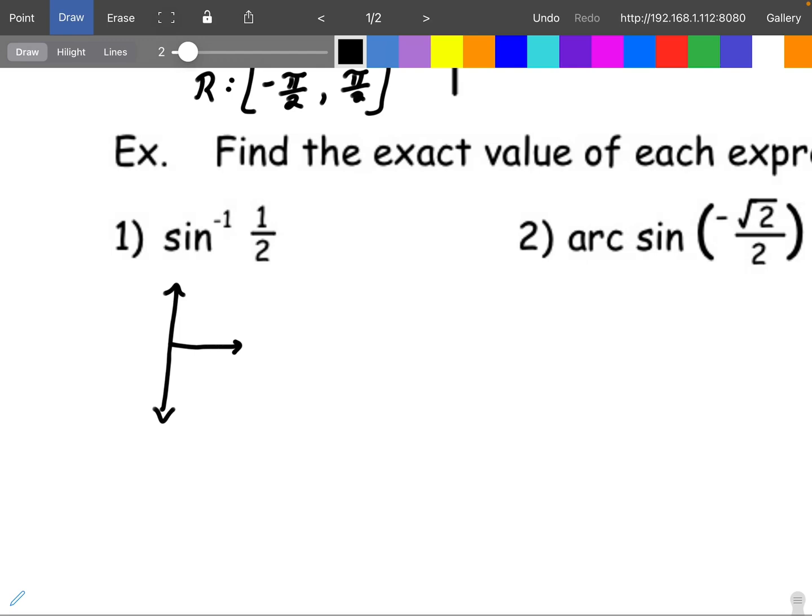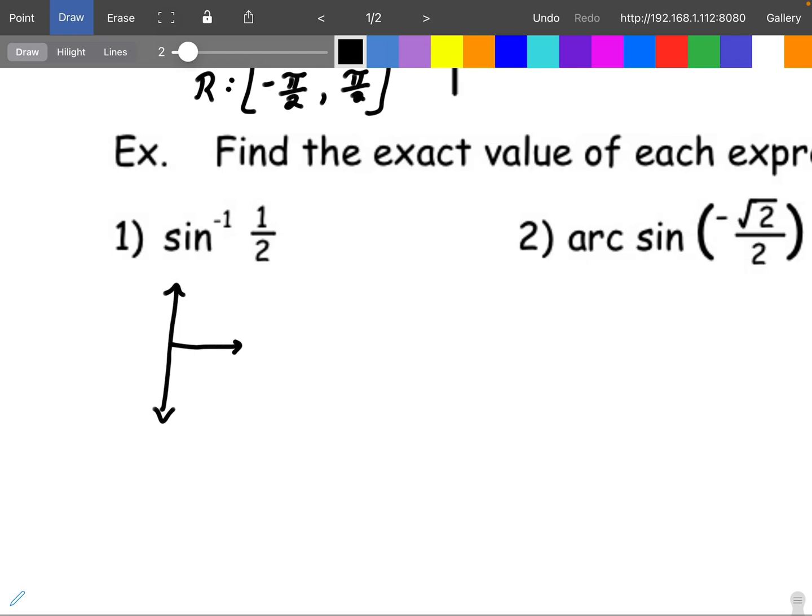Now, we are looking for where sine would be 1/2. So when you're doing an inverse, remember, inverse trig functions tell you an angle. So basically, they're giving you the sine value, and they want you to find at what angle that occurs.